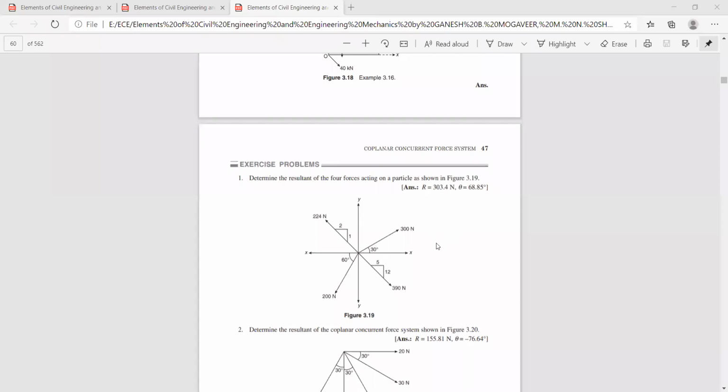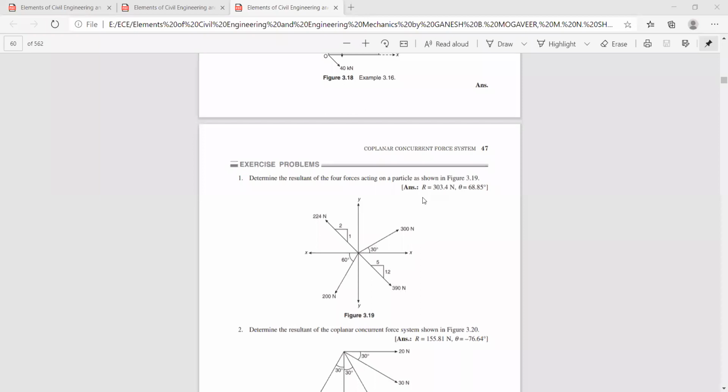So find the sum of x components, sigma f of x. Similarly, find the sum of y components, that is 300 sin 30 plus 224 sin 26.56 minus 200 sin 60 minus 390 sin 67.38. So find out sigma f of x and sigma f of y.